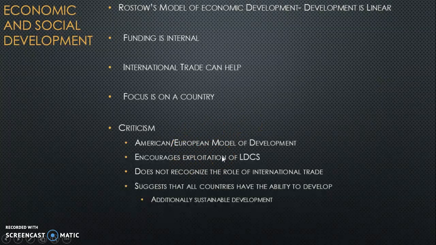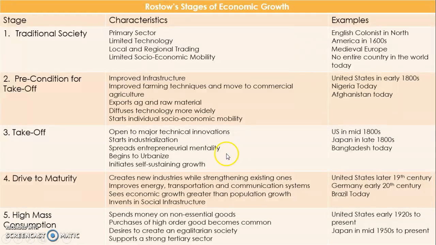Some people would tell you it exploits racism within this because you export agriculture and raw materials. Well, if you're stuck there, if that's what you're good at, then that's what you probably should continue to do. And so this is very much how the Americans and Europeans and the Japanese moved forward in the Rostow model.